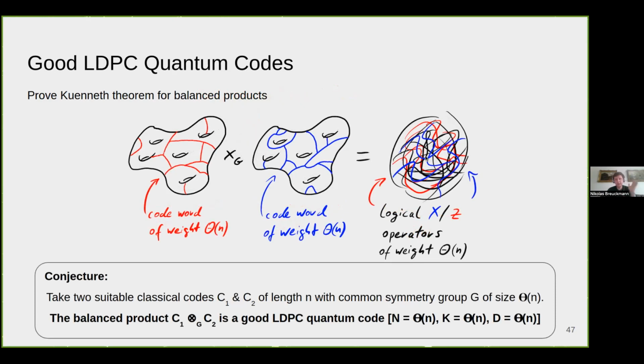Okay, but there's a caveat. Of course, just proving this lifting theorem doesn't prove that they might not combine in awkward ways, so that there are actually logical operators of smaller size. But this led us to this conjecture that if we take the balanced product of two good LDPC quantum codes, then we obtain a quantum code which also has these optimal parameters.